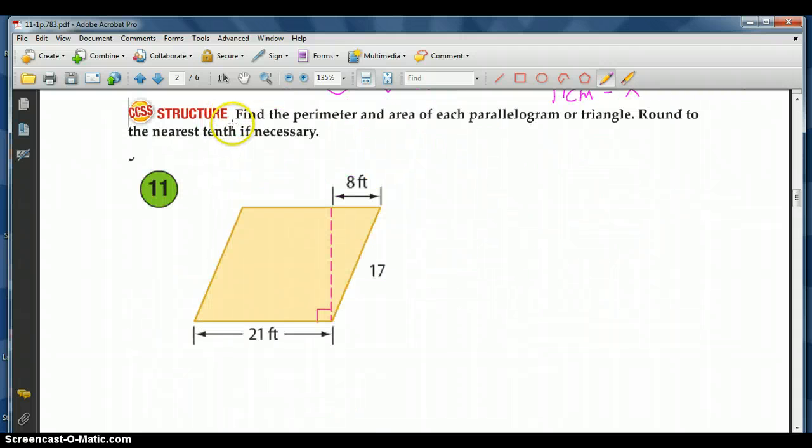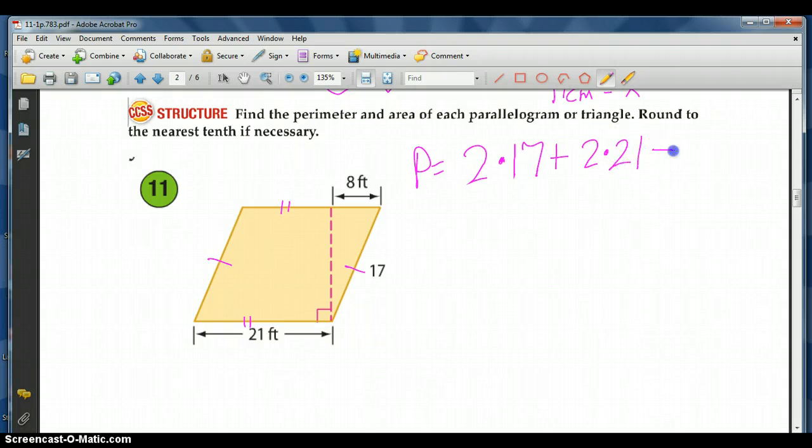Find the perimeter and area, round to the nearest tenth. So our perimeter would be 17 here, plus 17 there, or 2 times 17 plus 21 here, plus 21 there, or 2 times 21, which would be equal to 76 feet.